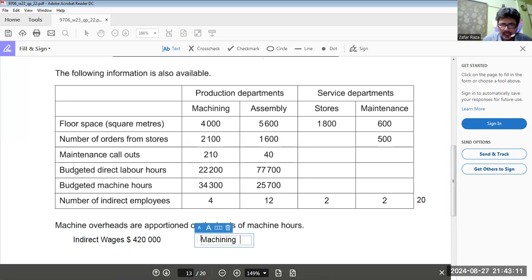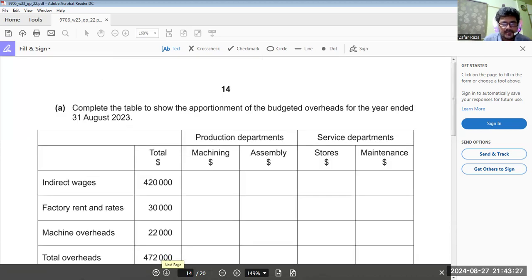The total cost is 420,000 multiplied by 4 divided by 20. This is the way of calculating. So 420,000 multiplied by 4 divided by 20, and we get the answer 84,000 here. So we have apportioned on the basis of number of employees working in different departments.